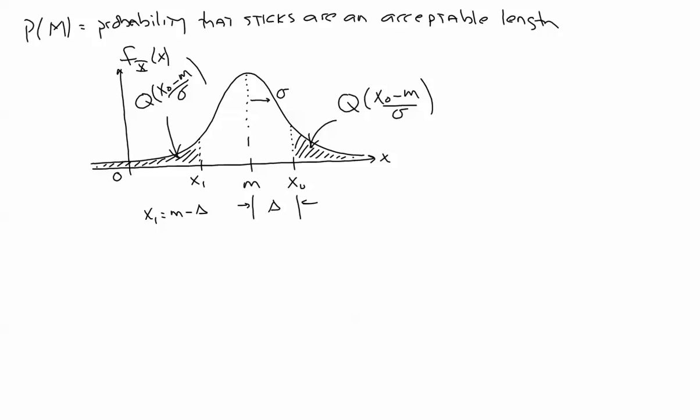So let's let x naught equal 1001 millimeters, m equal 1000 millimeters, and x1 will be 999 millimeters.